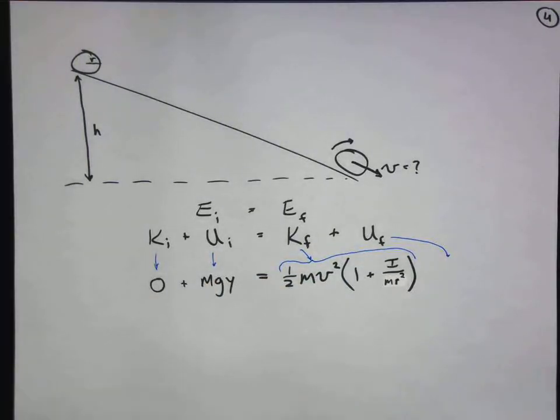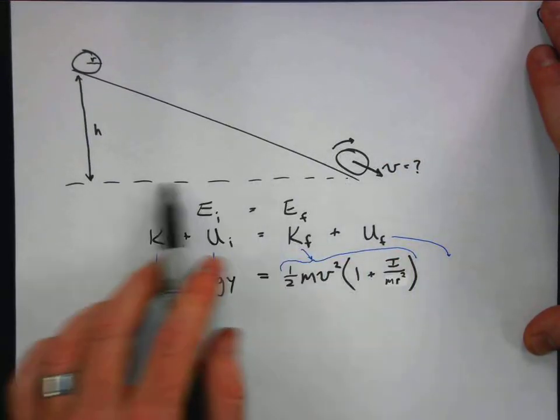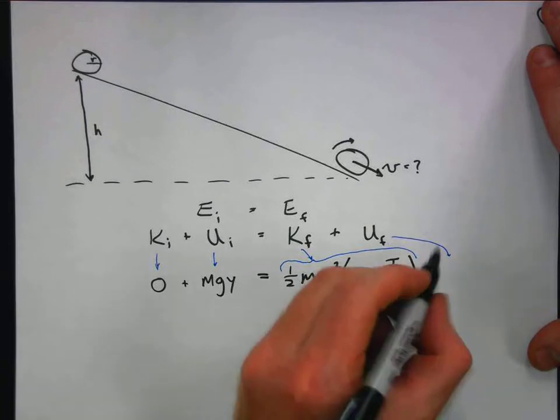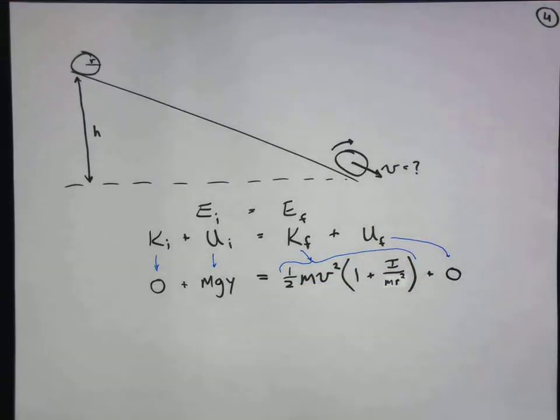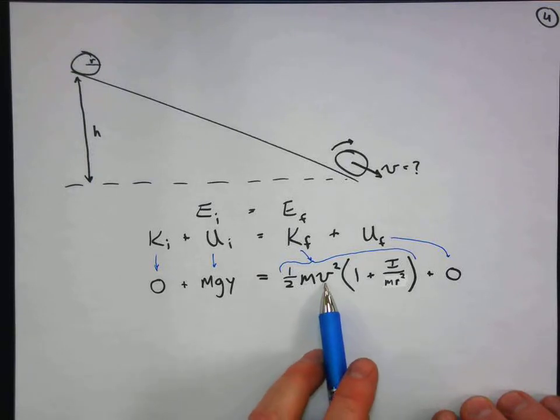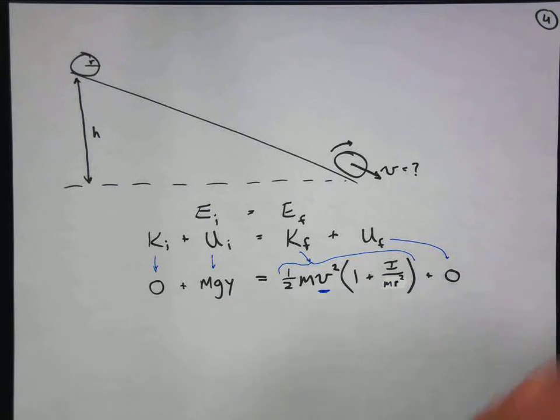And if this is now at the reference line down here at 0 height, then the potential energy will be 0 at that location. Okay, so simplifying this, ultimately what I need to solve for is this velocity. That's what I want. That's my goal, right?